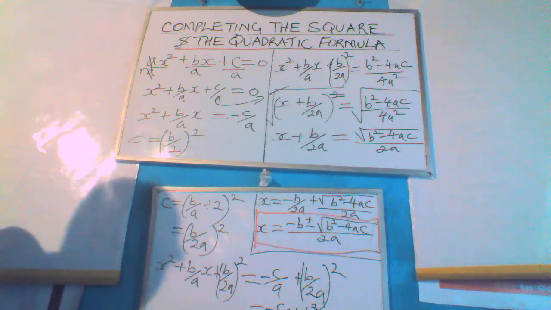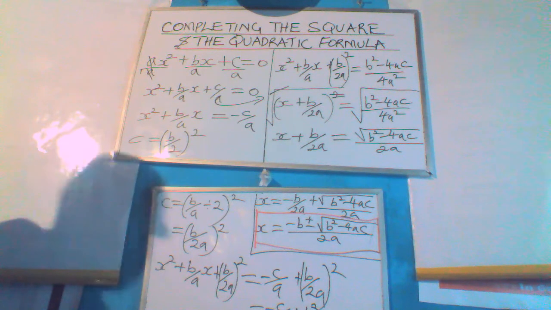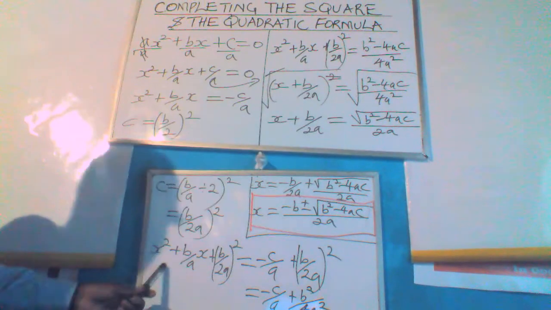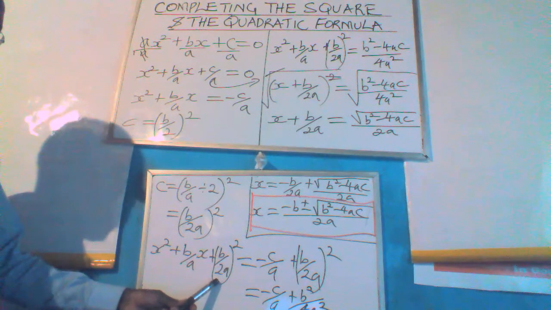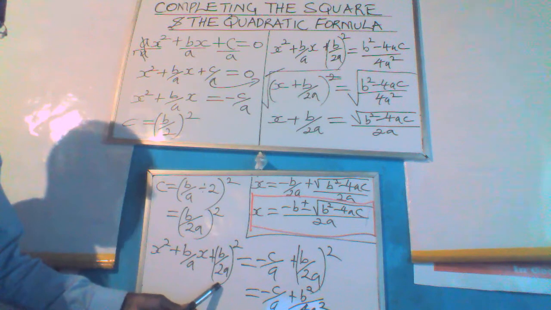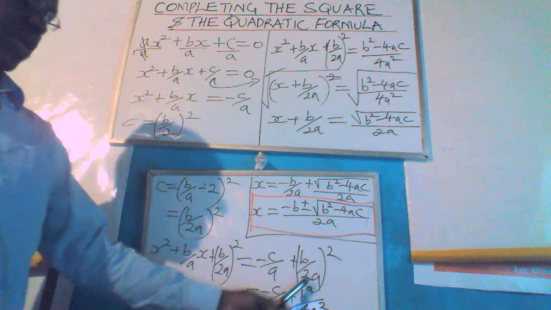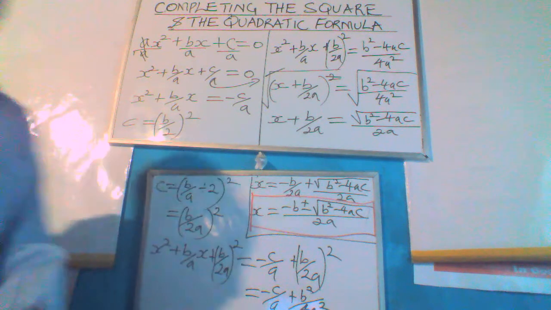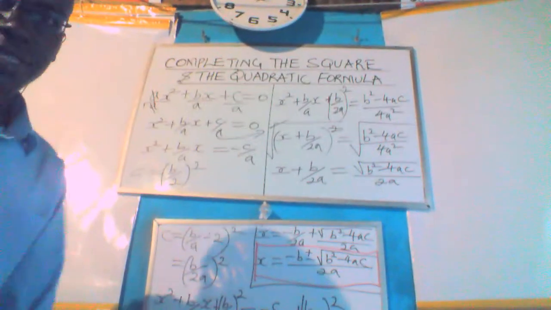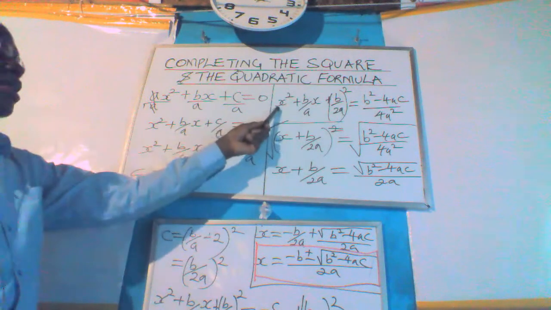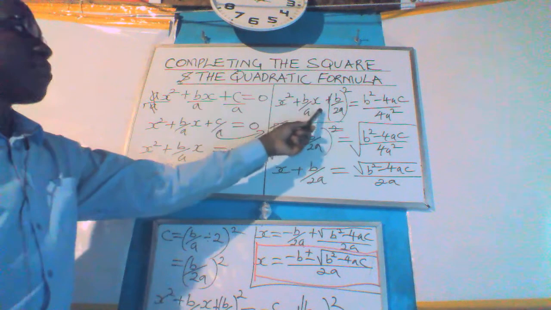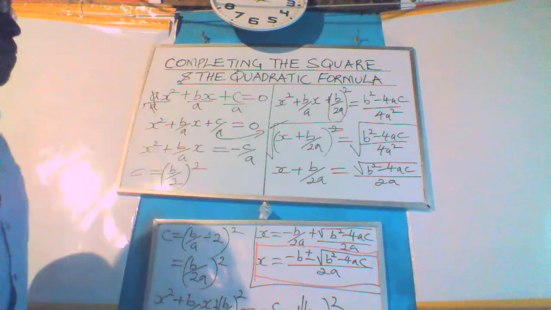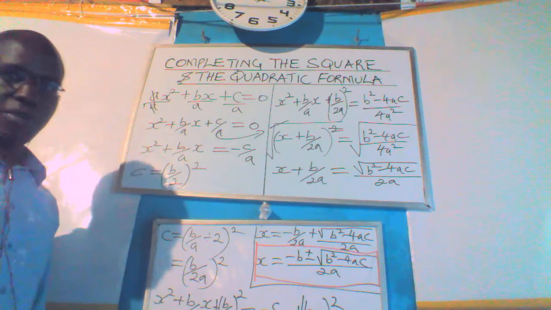The fourth step is introducing the new constant on both sides of the equation, and when we did that, we were able to relate the expression as plus (b over 2a) squared on the left and plus (b over 2a) squared on the right hand side. Then we proceeded to simplify that, and the simplified form gave us an expression of the form x squared plus b over a x plus (b over 2a) squared equal to (b squared minus 4ac) over 4a squared.